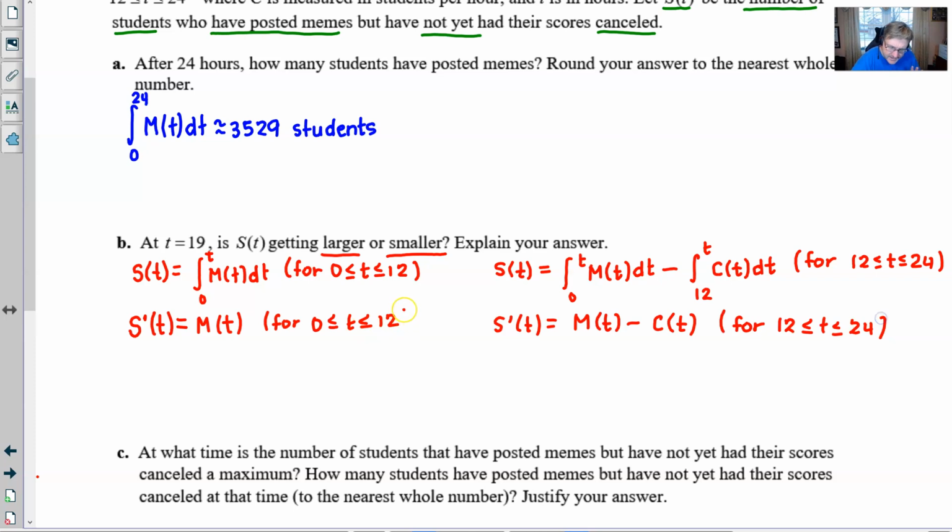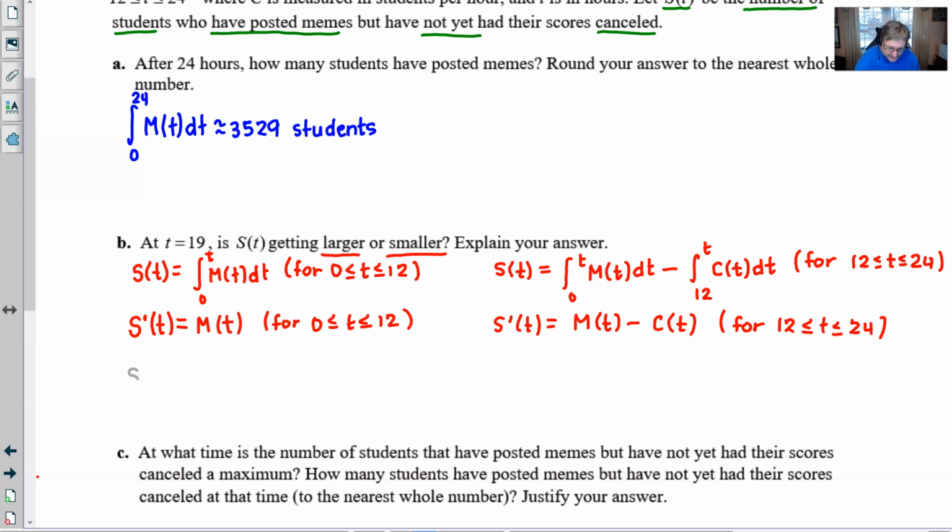So there's a bit of a different way that you would think about it for time bigger than 12. Now, I know that this problem says at time t equals 19. So yes, I could have completely forgotten that stuff and not even incorporated it into the problem. And maybe some of you were thinking that. But I like the fact that I acknowledged it in case it comes up in a later part of the problem. And so now we can go ahead and figure this out.